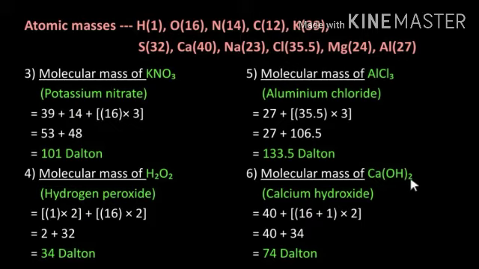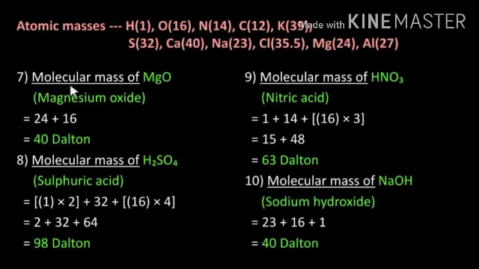This is taken for 2 times. This bracket is totally multiplied by 2. Therefore, 40 plus 16 plus 1, that is 17. 17 into 2, that is equal to 34. Therefore, the summation will be 74 Dalton.